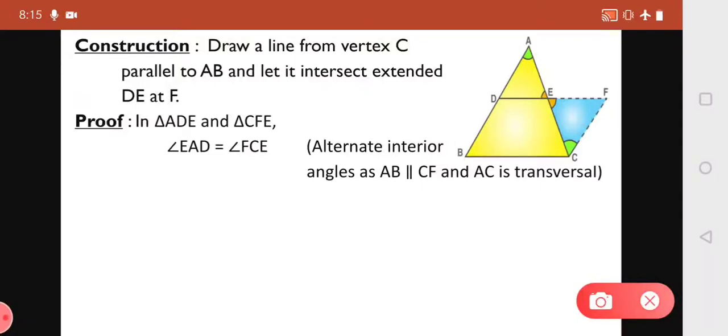So we get these two angles, angle EAD, the one given in green color, equal to angle FCE. These two angles are equal because AB is parallel to CF and we take AC as the transversal. So we get these two angles as a pair of alternate interior angles. So they both are equal.